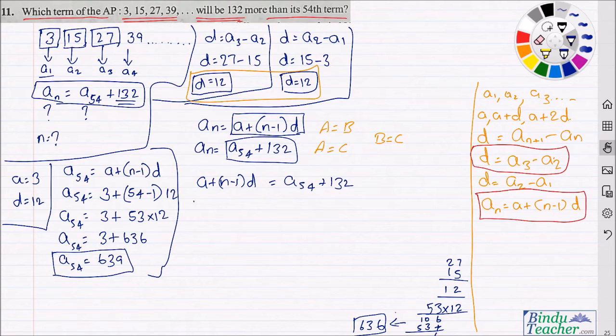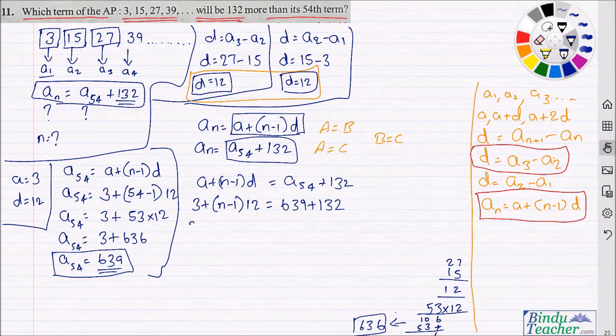We know the value of A equal to 3, plus we do not know the value of n, so I will leave it as is. We know the value of D as 12 equals, we know the value of A 54 as 639 plus 132.